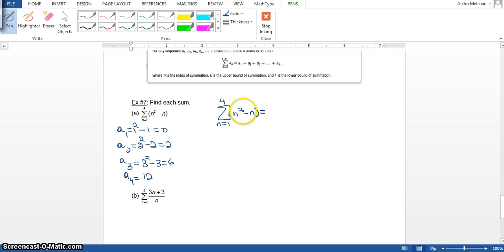So the sum is 0 plus 2 plus 6 plus 12. And that will be 20. Do we need to write out the work? That's it. To show work, you should.